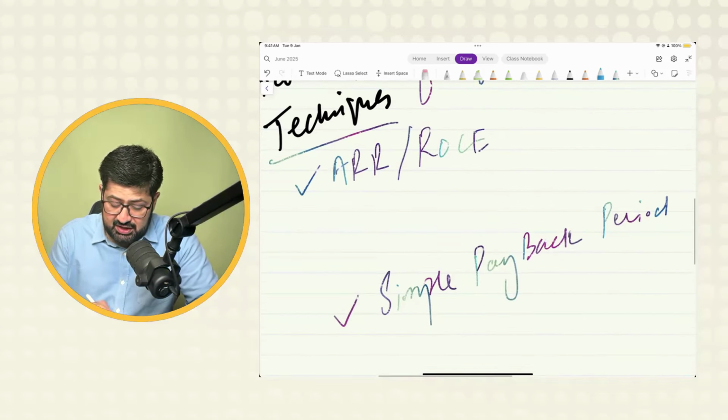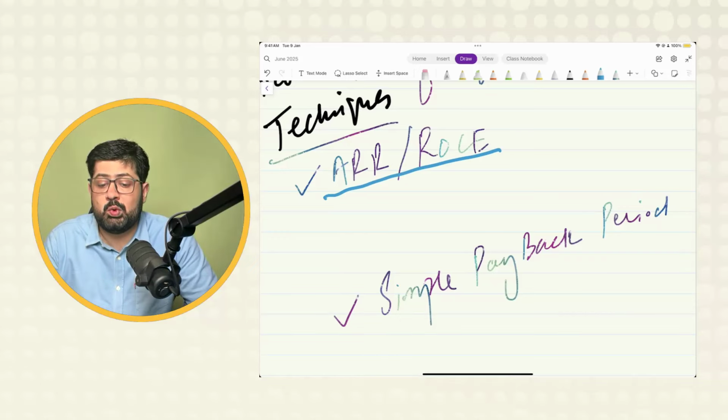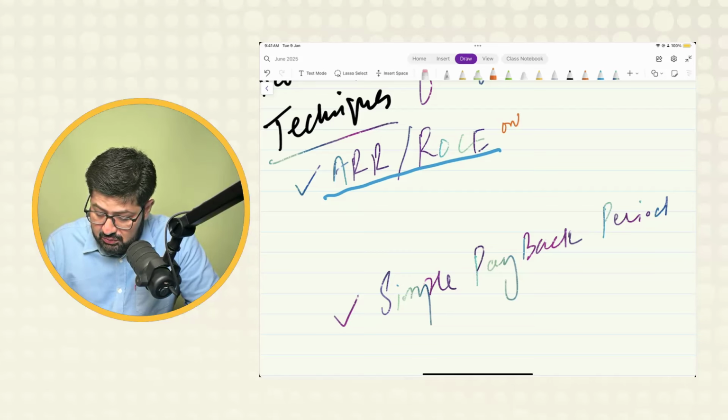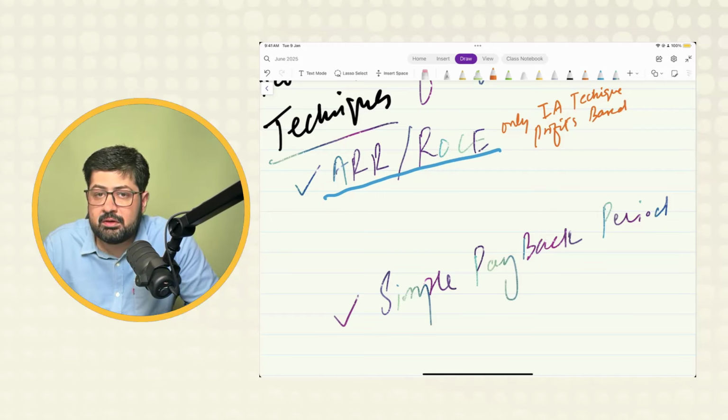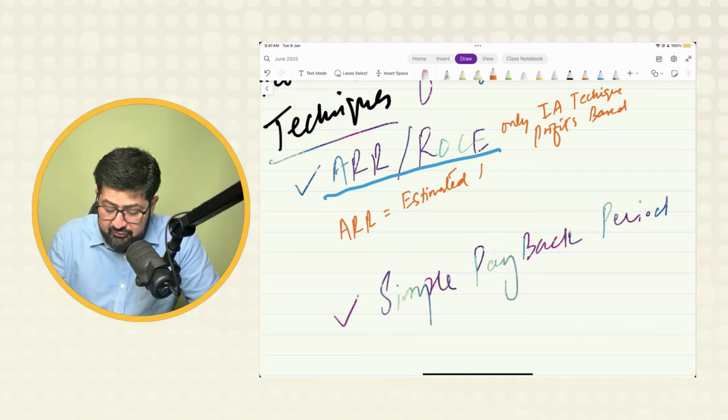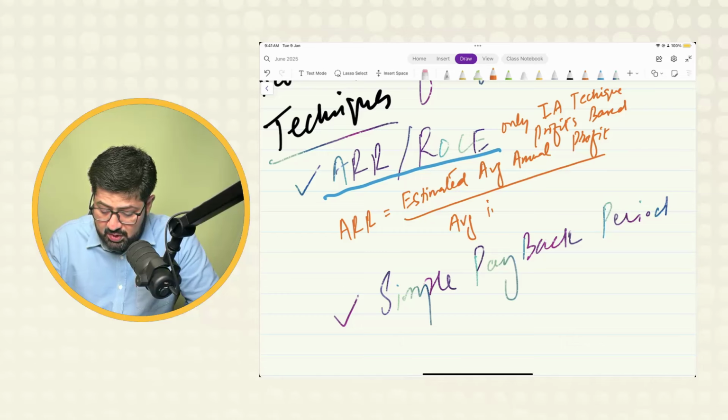Accounting rate of return, ARR, is the only investment appraisal technique which is profits based. The formula is estimated average annual profit of the project which we are forecasting, divided by average investment, into 100.